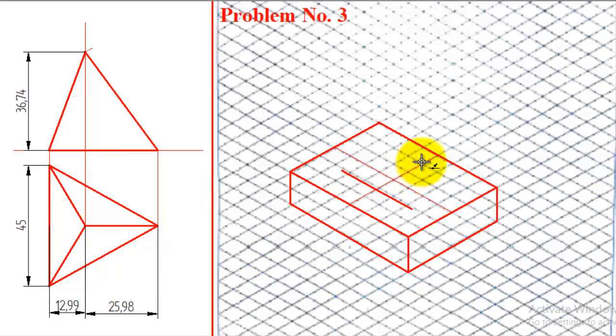1, 2 and a half box. This is the half box we have to take, and then draw the line to these two ends. This is the bottom of the tetrahedron, and to get the apex height we give the axis height that we got from the front view, 36.7. That means 37, which is 3 boxes and less than 4 boxes.